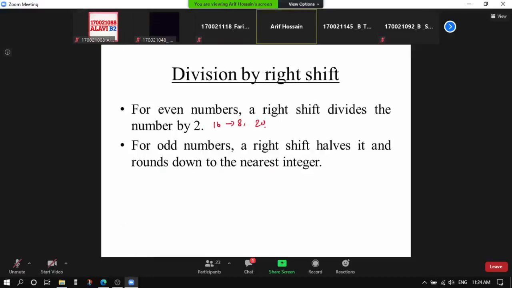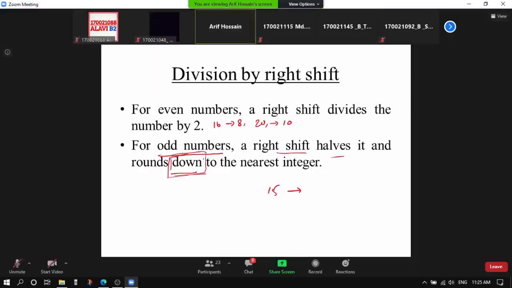Say your number is 20, a right shift will make it 10, and so on. But if the number is odd, then what will happen? In that case, a right shift halves it and rounds down to the nearest integer. Say you are having 15. If you right shift it, how much will be your answer? Sir, 8. It says rounds down. 7.